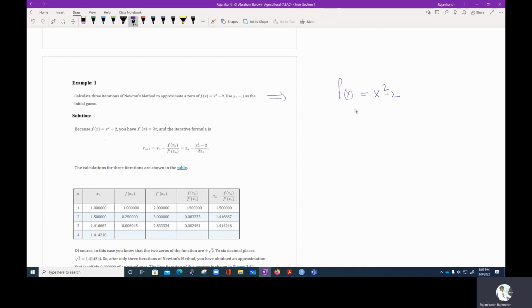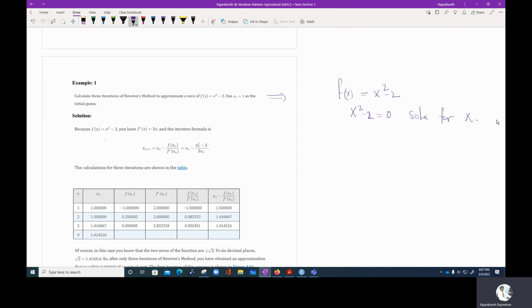Zeros of the function means you set the function to 0 and solve for possible x. Possible x values are going to be the zeros of the given function. In this case, the given function was x squared minus 2.